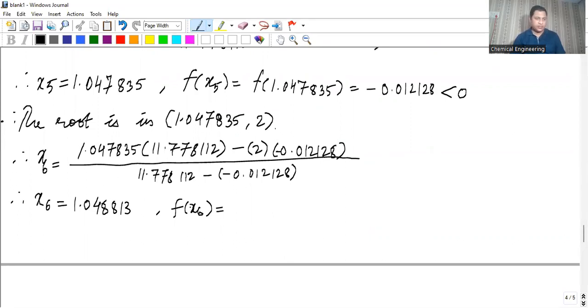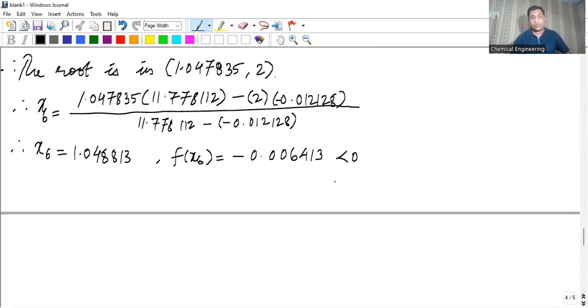So it may be possible that in the next iteration we can get it correct. So 8813, and you can see the value is going to be minus 0.006413, which is less than 0 again. But you can see as compared to this value it is more closer.